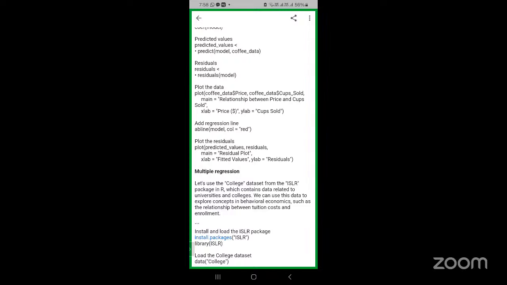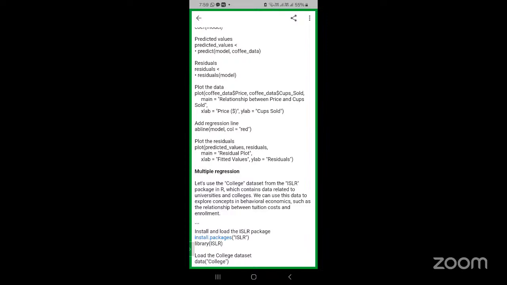That means your observed value, to what extent it deviated from the predicted value. That is your residual. So this is all about the simple regression related R script.